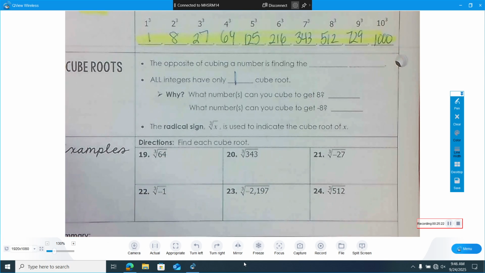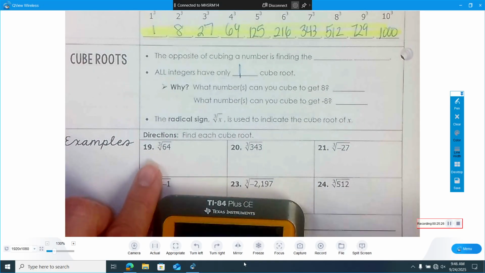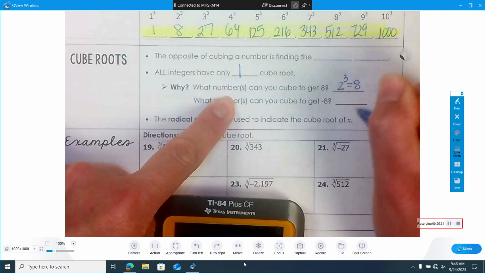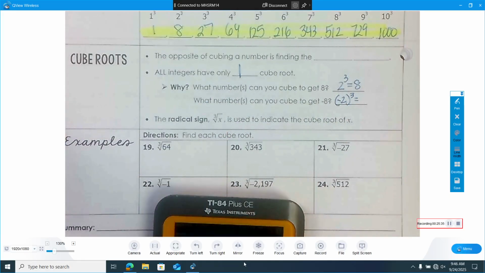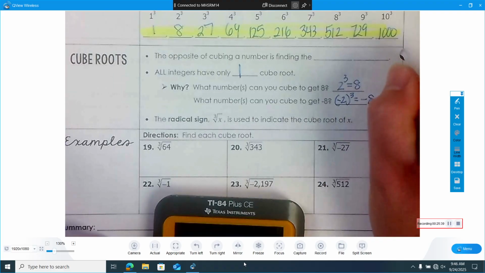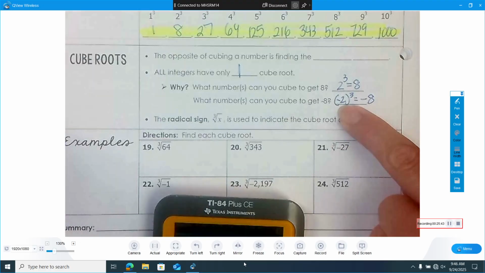And we're going to just do this on our calculators. And the reason is because 2 cubed equals 8, but also negative 2 times negative 2 times negative 2 would give us negative 8. So each of these values we can take a cube root on.